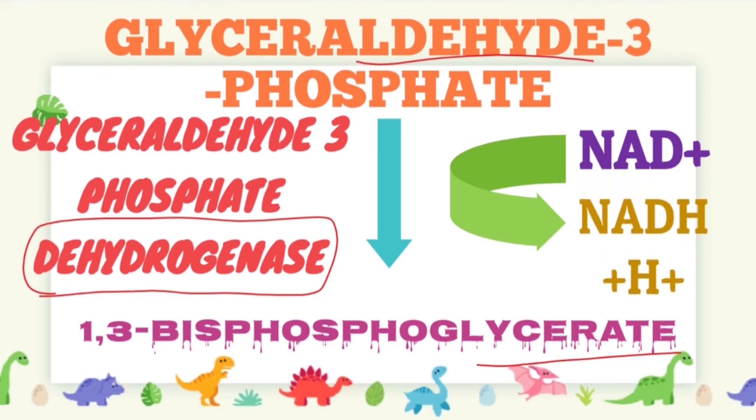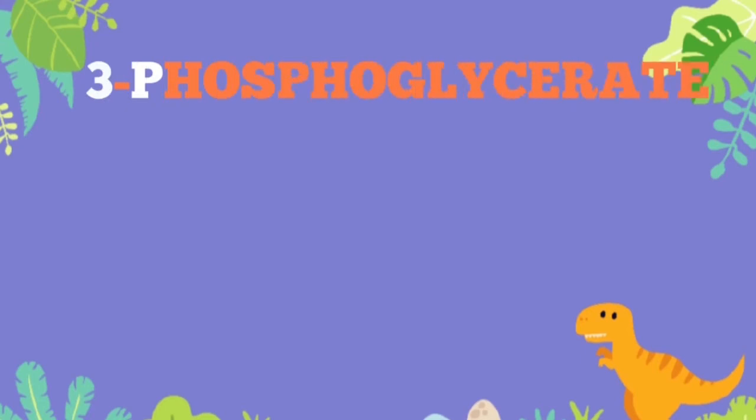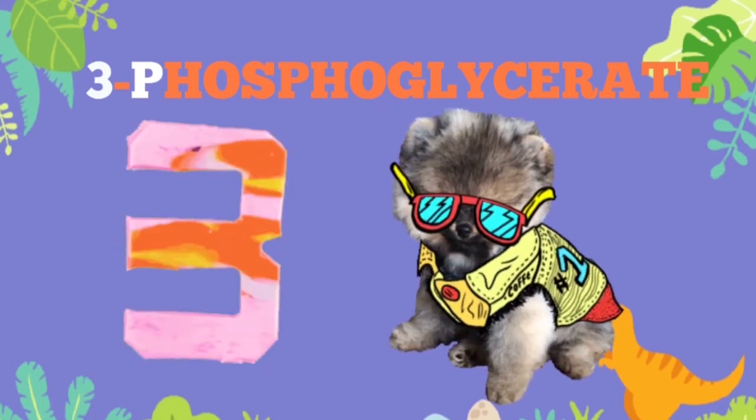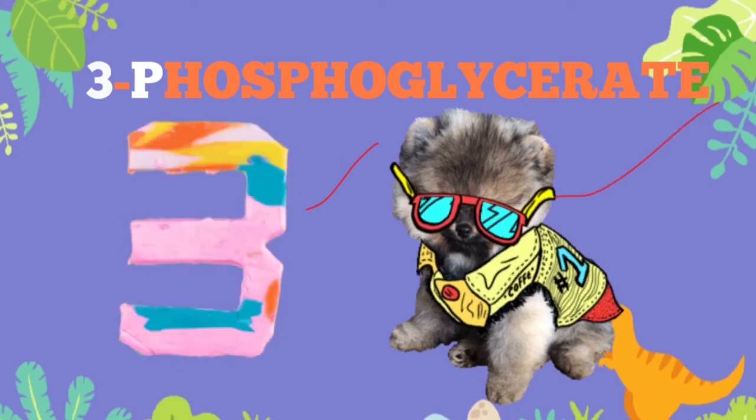Until this step, the energy was what? Utilized. Now energy is produced. As you can see, energy is produced. This is also a reversible reaction and a phosphate group is utilized here. Next is, then she posted it in three popular groups. She posted it in one basketball group, three popular groups, okay, 3-phosphoglycerate, 3P, three popular groups.